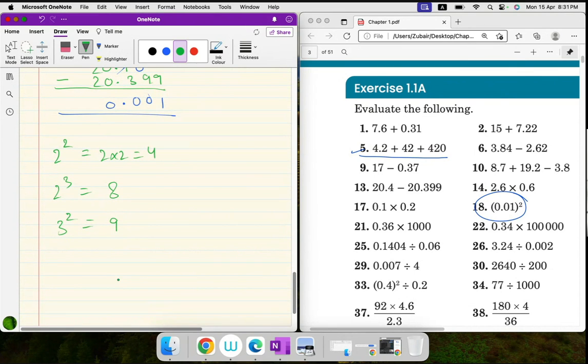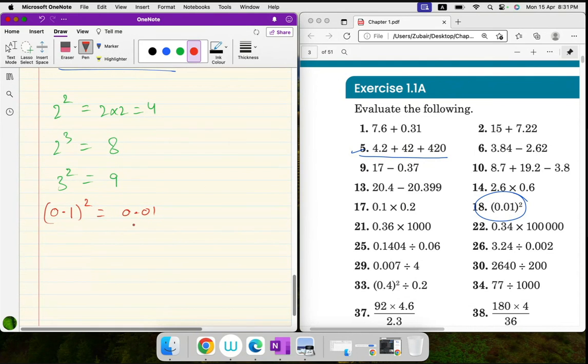You observe whenever we take the square, the number becomes larger. This is the reverse in decimal numbers. If we take the square of 0.1, it will reduce in size and become 0.01. Yes, sir. This is because it was 1 by 10 whole square, and 1 square is 1, 10 square is 100, and 1 by 100 is 0.01.